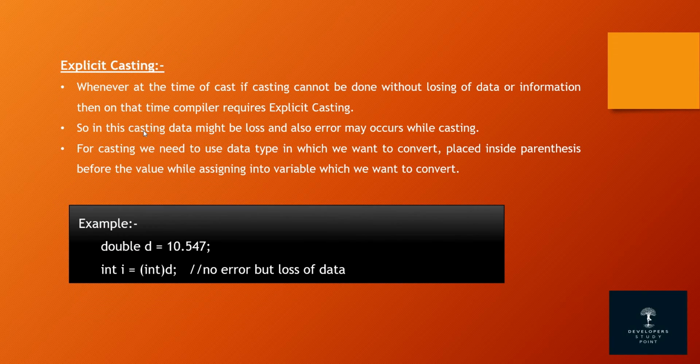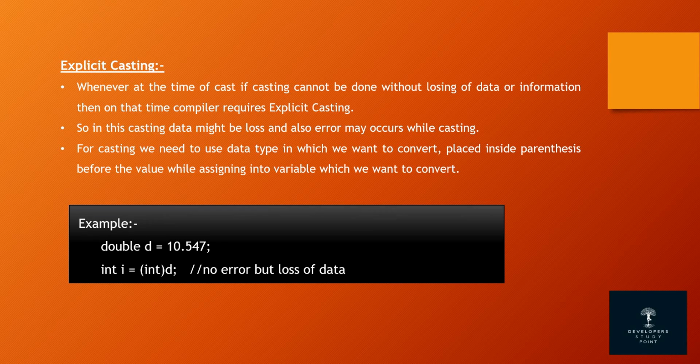Now explicit casting. At the time of casting, if casting cannot be done implicitly, meaning there are chances of losing data and information, then the compiler requires explicit casting.